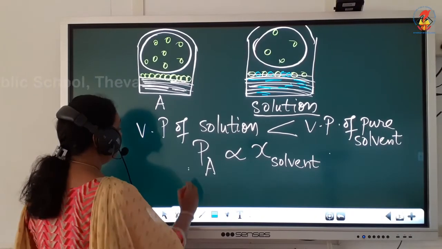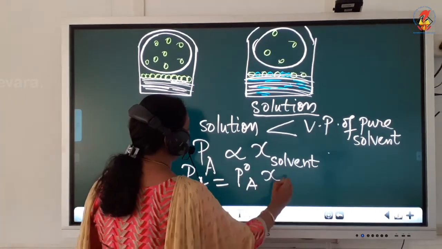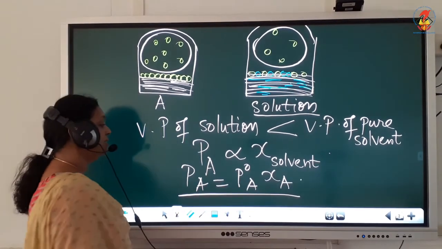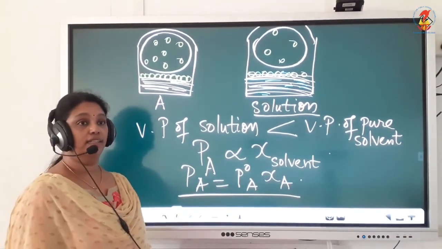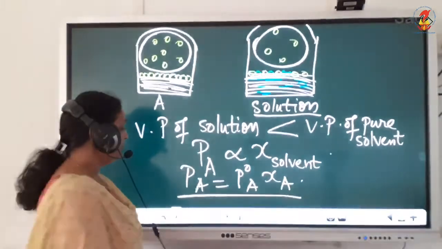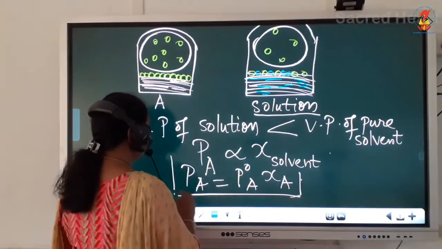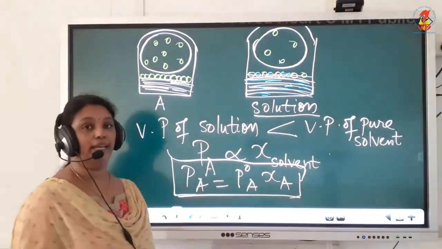Or we can say PA is equal to P naught A into XA. We cannot write here PB is equal to P naught B into XB, because the solute added is a non-volatile solute. So from this expression we can state the Raoult's law for non-volatile solute.